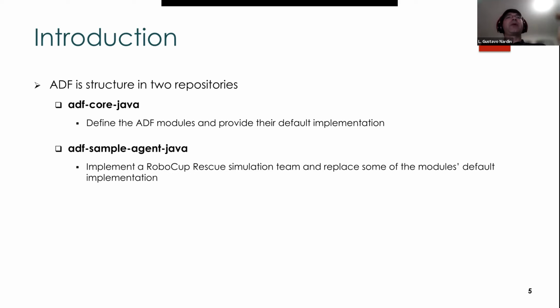The ADF sample agent Java, on the other hand, implements a real team of agents that can be run and connect to the rescue simulator. It replaces some of the modules from the default implementation provided in the ADF core Java, and also implements the strategies of the agent.